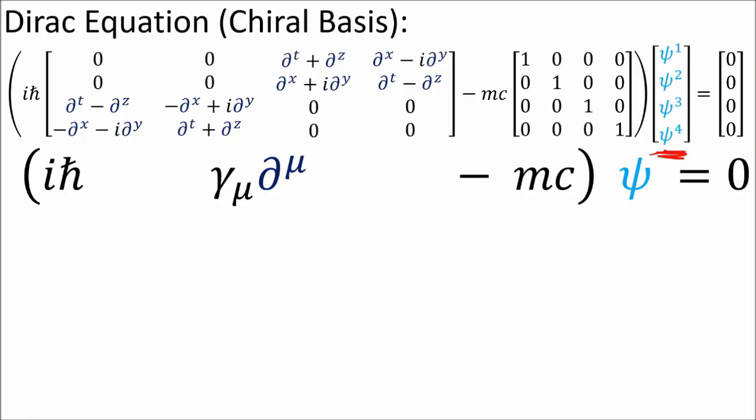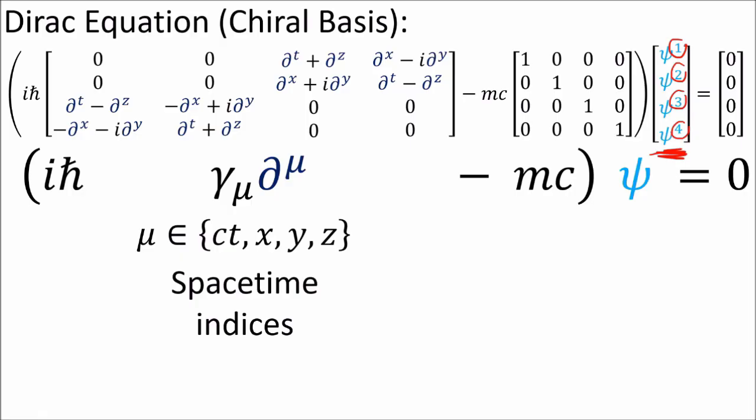Now, this Dirac spinor has 4 components, labeled with indices 1 through 4. These spinor indices should not be confused with the 4 spacetime indices in this summation over the mu index, which are time, x, y, z.